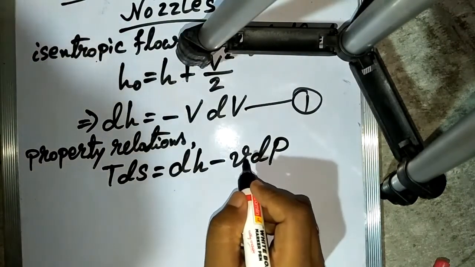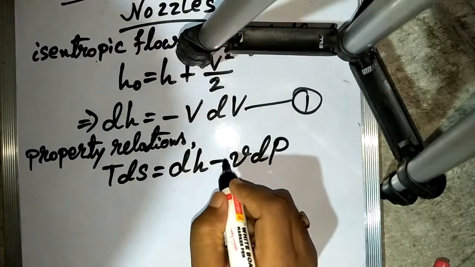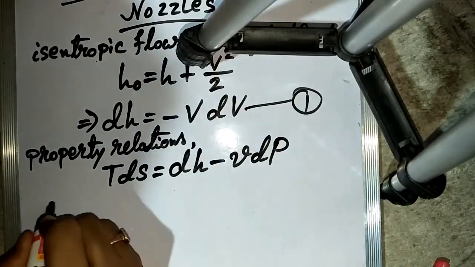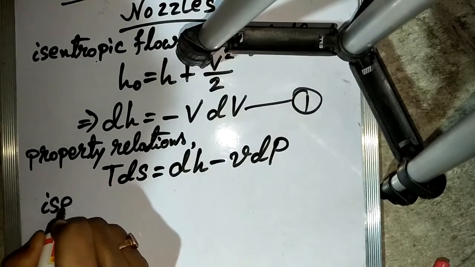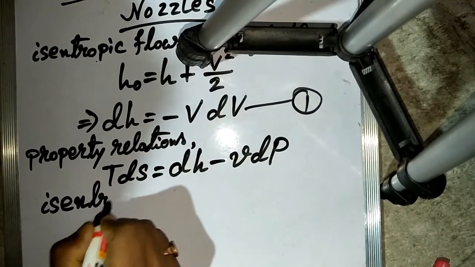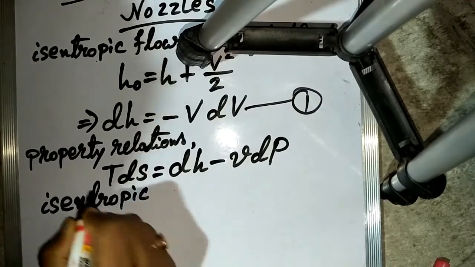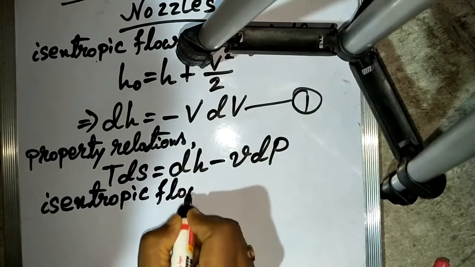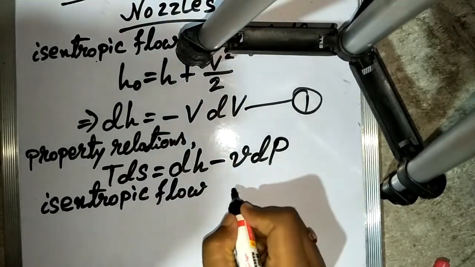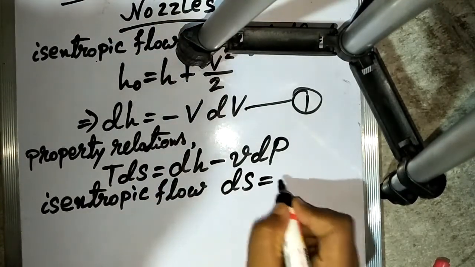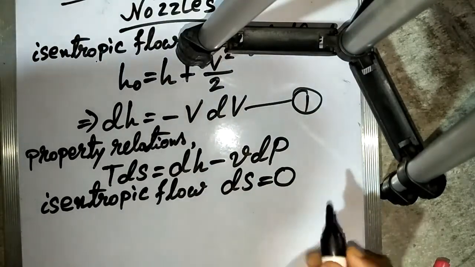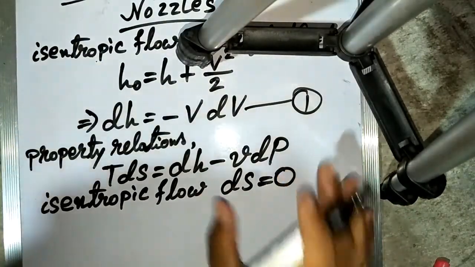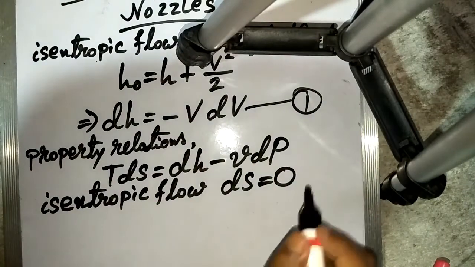From this equation, in case of isentropic flow, the value of ds is equal to 0.